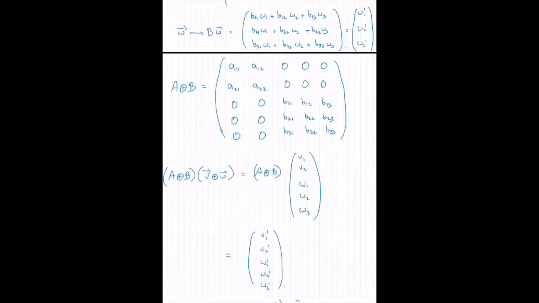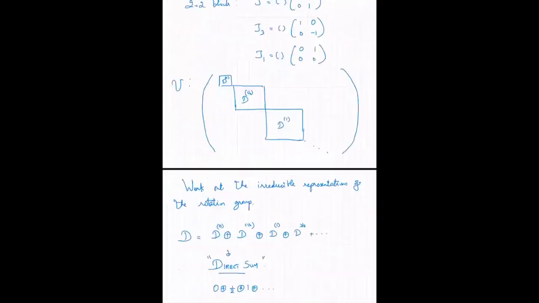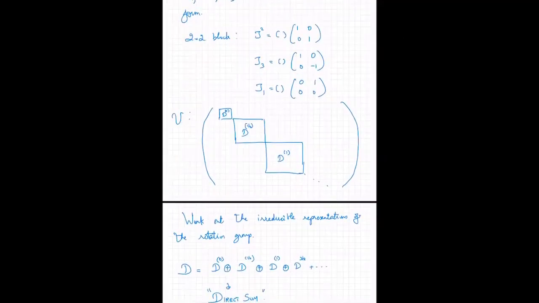The fact that this J is a block diagonal form should not be any more of a surprise to you, because the block diagonal form ensures that states with different J values don't mix. Just like we demonstrated in this example, if you have a block diagonal A plus B, the components V and the components W do not mix. The first block simply acts on the V's, the second block simply acts on the W's. Just like this, in this representation here, the first 1 by 1 block simply acts on the vector J equals 0, M equals 0.